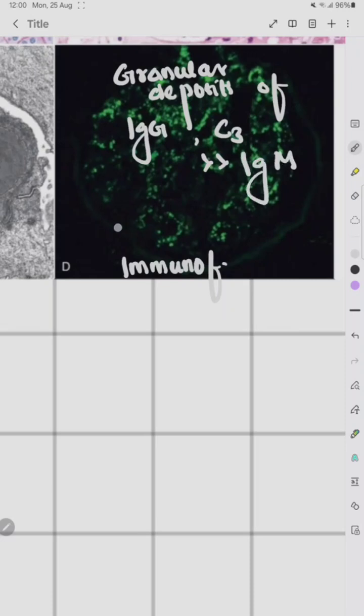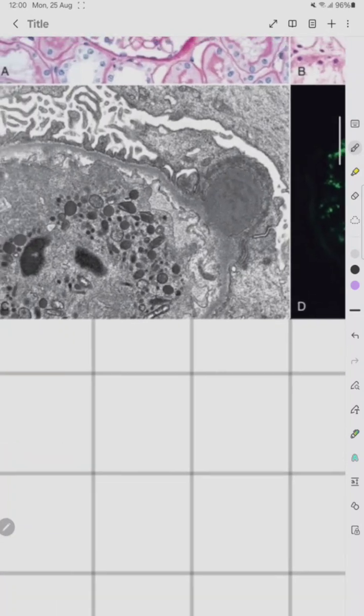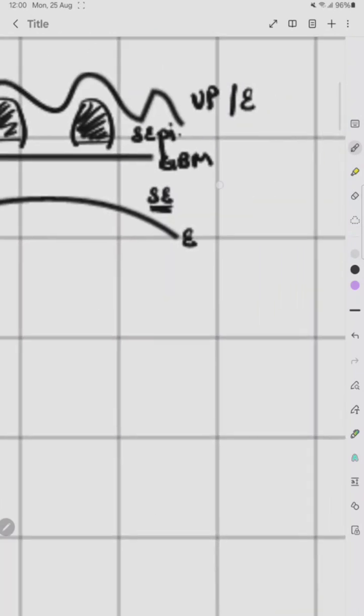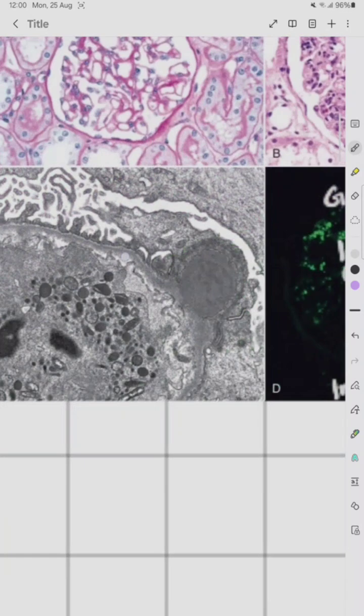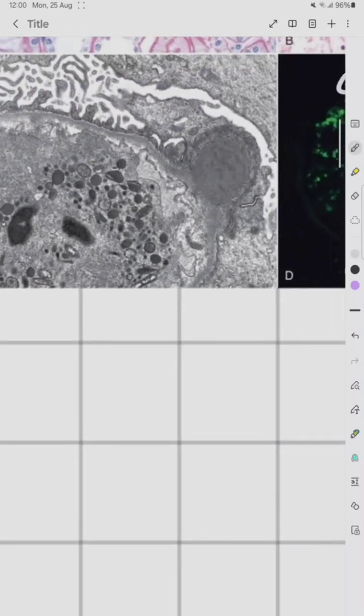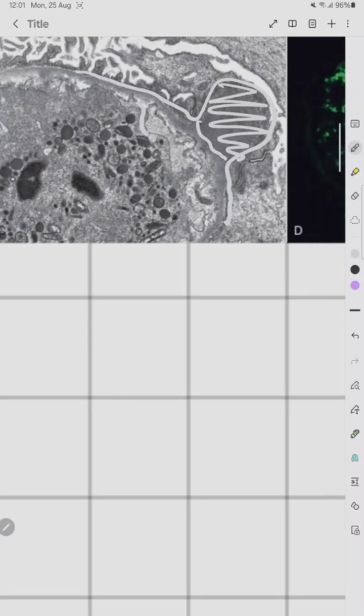Now let's talk about the electron microscopy. Again, I have already mentioned that there are some subepithelial humps. So you can see that this is the subepithelial hump I was talking about. This is the endothelium. This is the glomerular basement membrane.